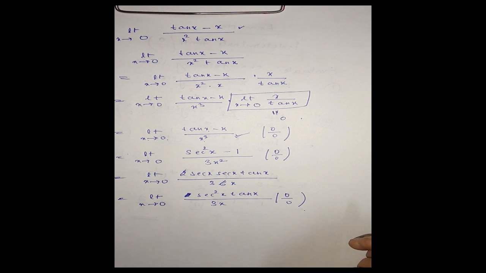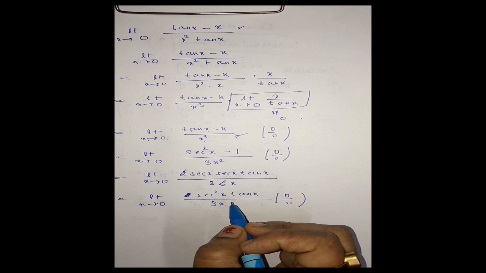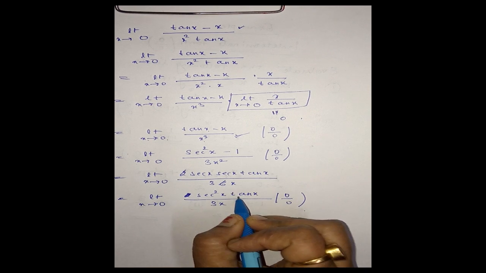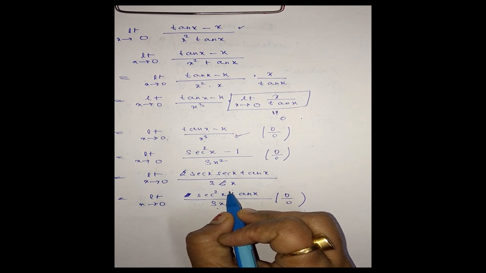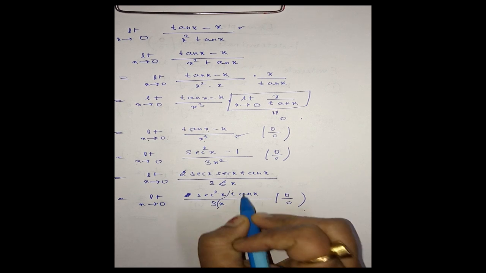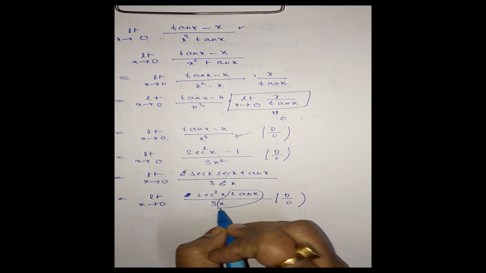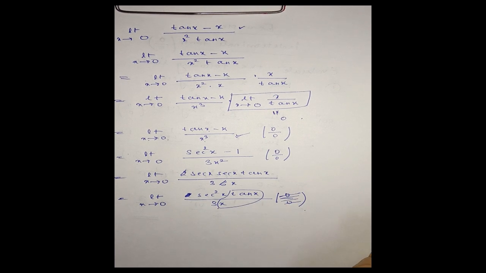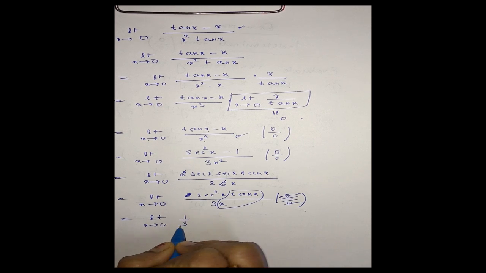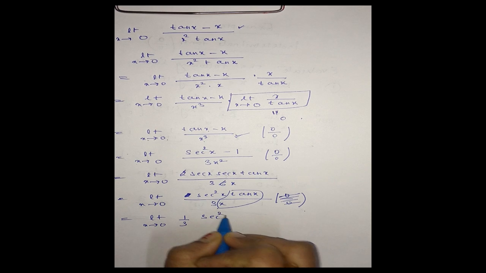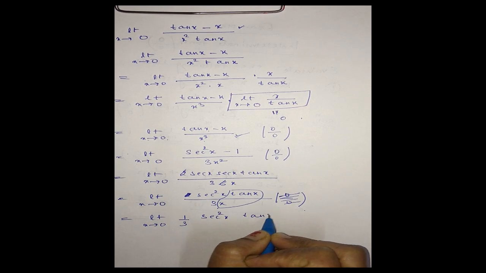Or further, since we are getting tan x by x here, no need to apply L'Hopital rule, since we are again having this type tan x by x. I can write it as the limit as x tends to 0 of 1 by 3 secant square x, and this is tan x by x.